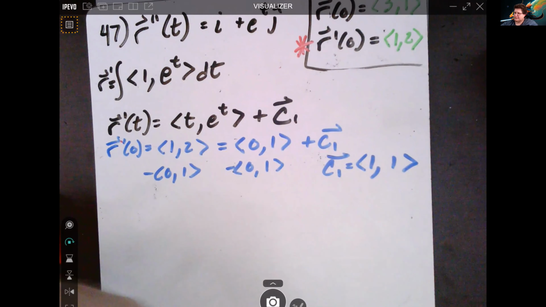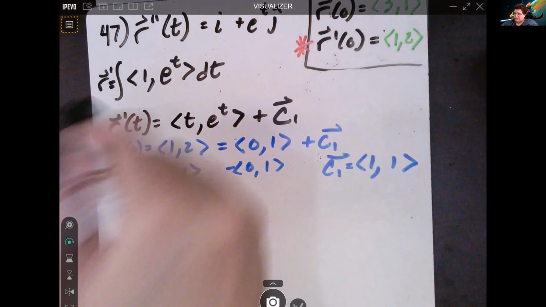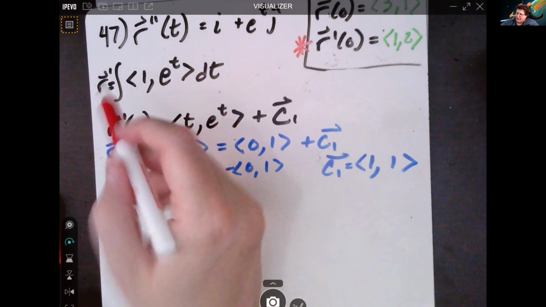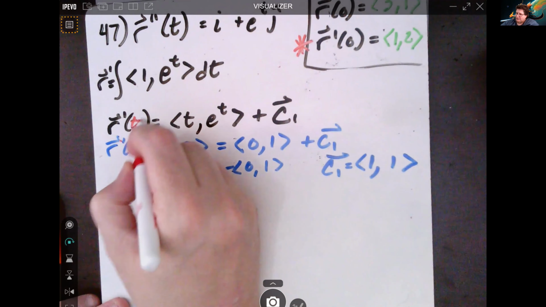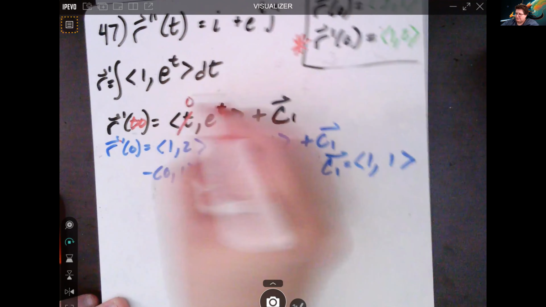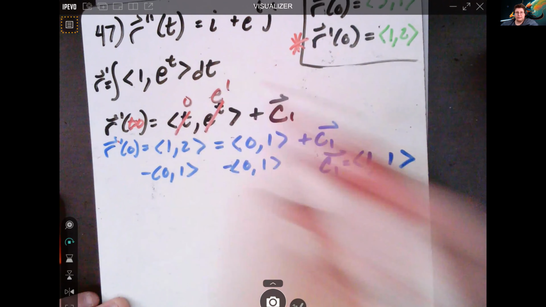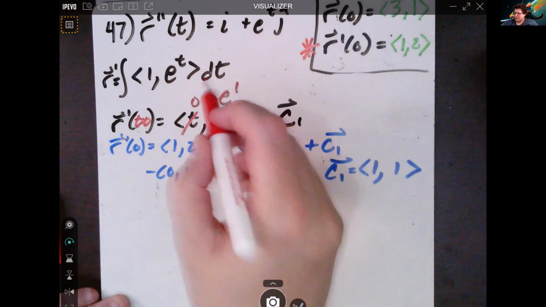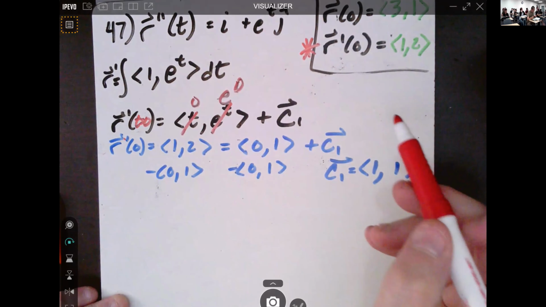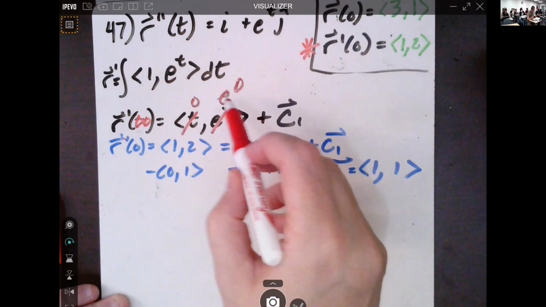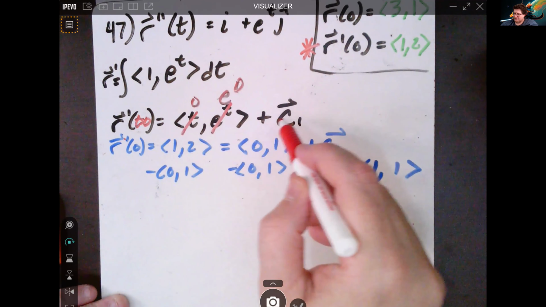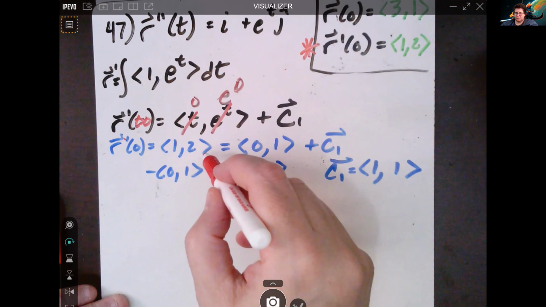Right, I'm plugging in 0 right here. So this becomes 0, t equals 0, which means this is 0, and this is e to the 0, sorry. That's how we're doing it. So when I plug in t equals 0, I get this, but it tells me I should get 1, 2.